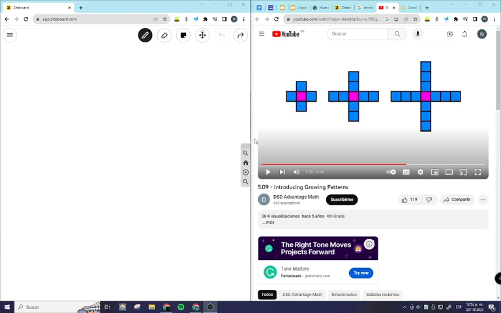Here, now we have 9 squares. Also you can see that here, and here, and here, you are getting one more square in each one of the directions. And here, now we don't have 9 squares, we have 13 squares.